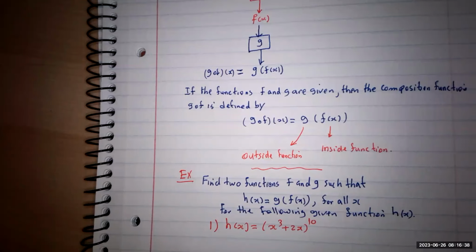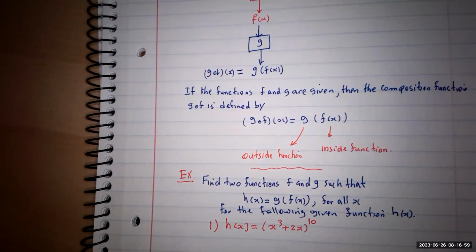So we'd like you to find two functions so that if you combine them together, or compose them together, that gives you your h of x. You see, it's like the order of operations. Remember the order of operations: we do inside parentheses first, then we do the powers.